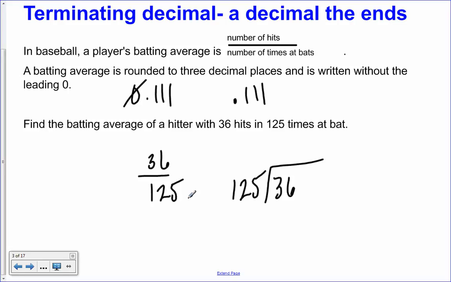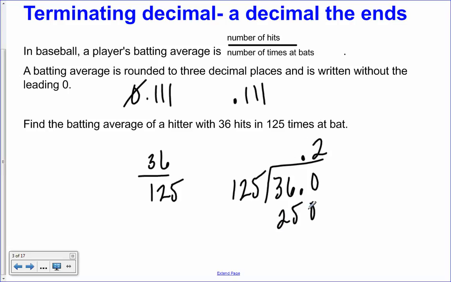So I'm going to ask myself, how many times can 125 go into 36? Well, it can't. So I need to add a decimal and add a 0. I'm going to bring up the decimal so that I stay in line. How many times does 125 go into 360? Well, 2 whole times. You can use your calculator to help you figure that out.